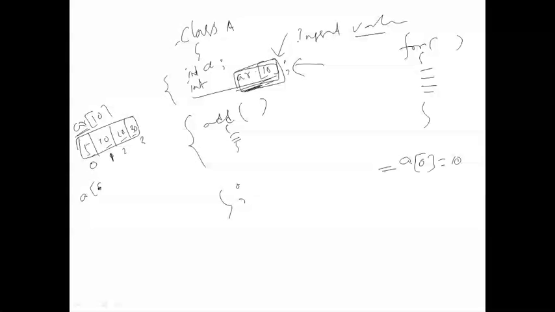So A of 0 means 5, A of 3 means, 0, 1, 2, 3, 30. This will be 30. This way the array stores similar information with a single name. So it's a single variable, but having multiple memory locations, so that dynamically we can store similar information and access that information. So let us go further to the next concept.